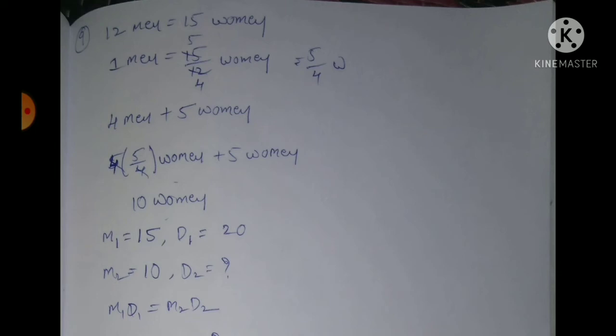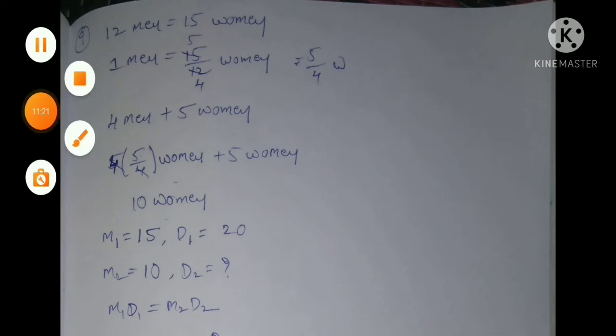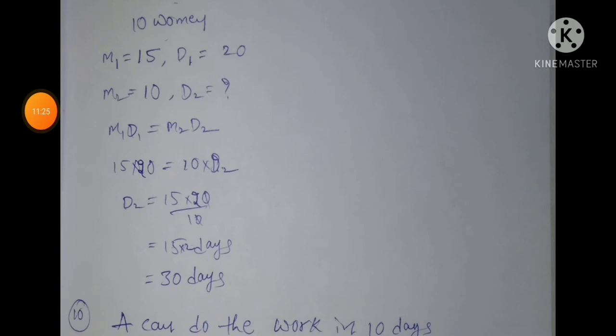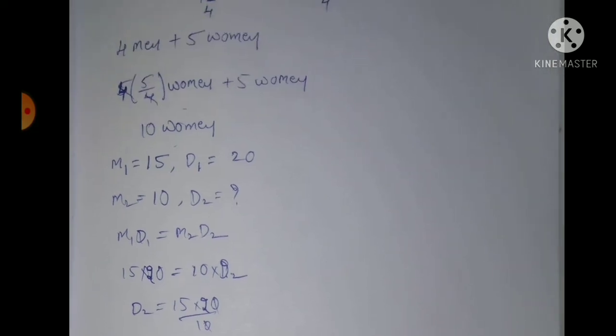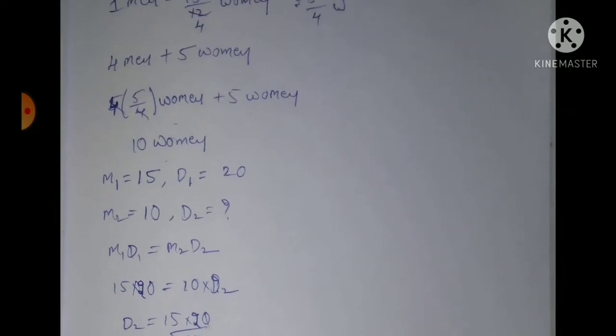So 4 gets cancelled, 5 women plus 5 women, 10 women. Next, M1 equal to 15, D1 equal to 20, M2 equal to 10, D2 equal to question mark. M1 D1 equal to M2 D2. Substitute the values, D2 equal to 15 into 20 by 10. Simplify this and you are going to get 30 days. So 4 men and 5 women can finish the work in 30 days.